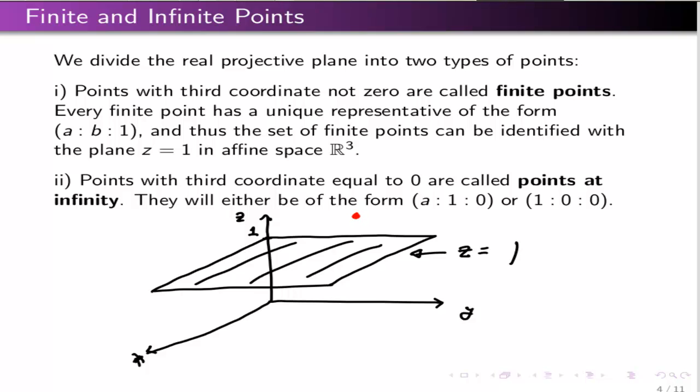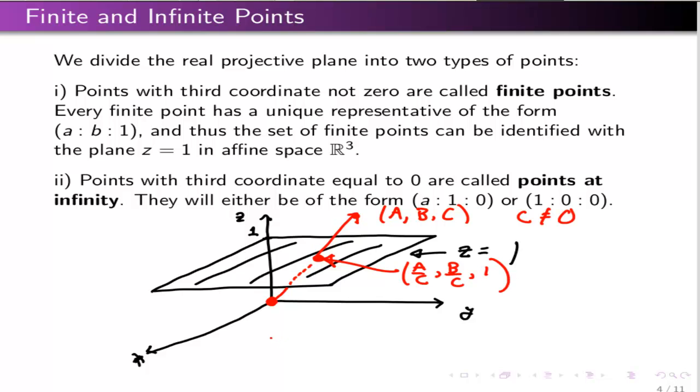And if you give me any point, let's see, we have a point up here, (A, B, C), capital ABC, where C doesn't equal 0, you can scale it down, so draw a straight line through the origin. At some point it penetrates this plane, and so you scale it down, and here's a point (A/C, B/C, 1).